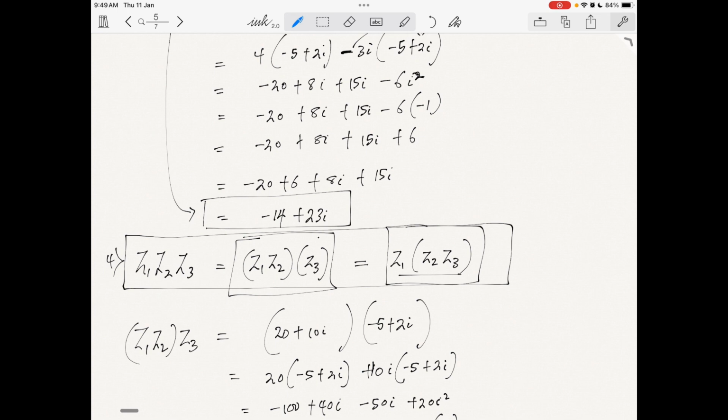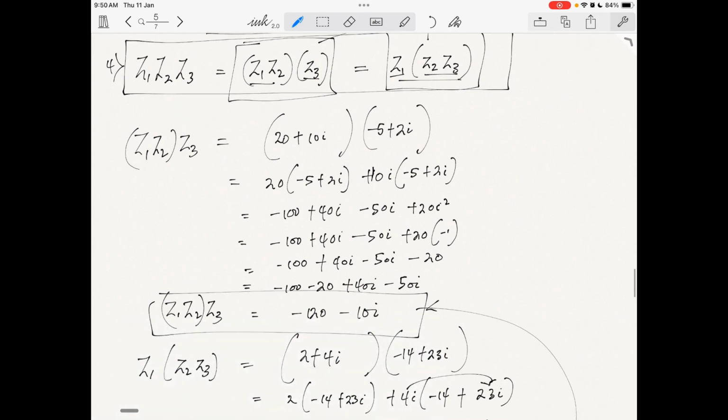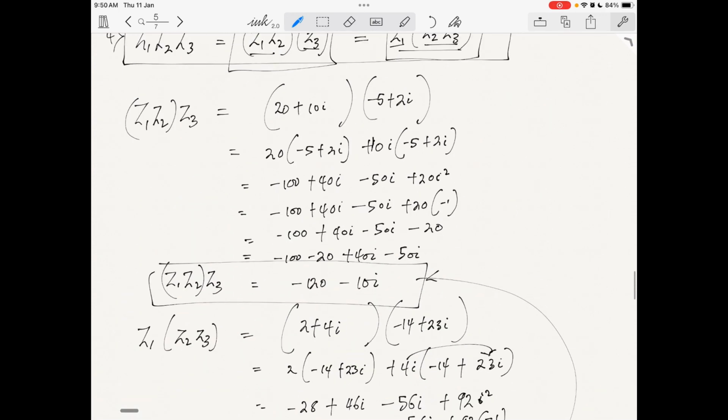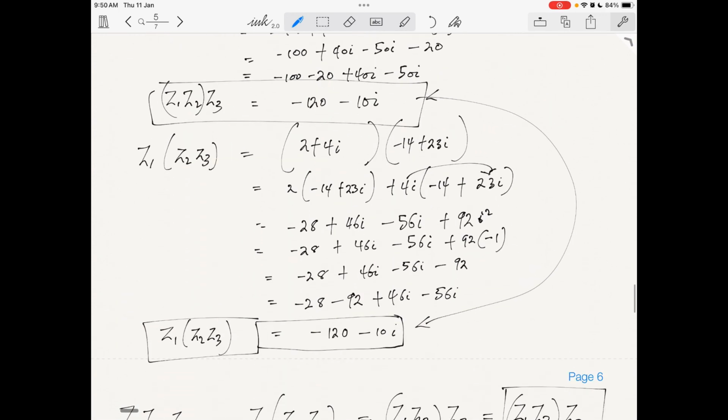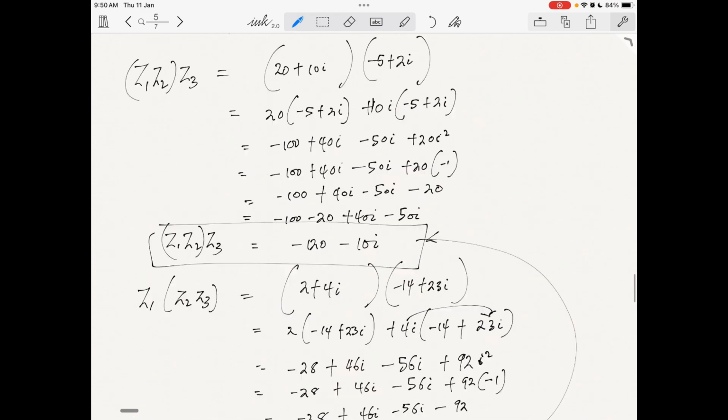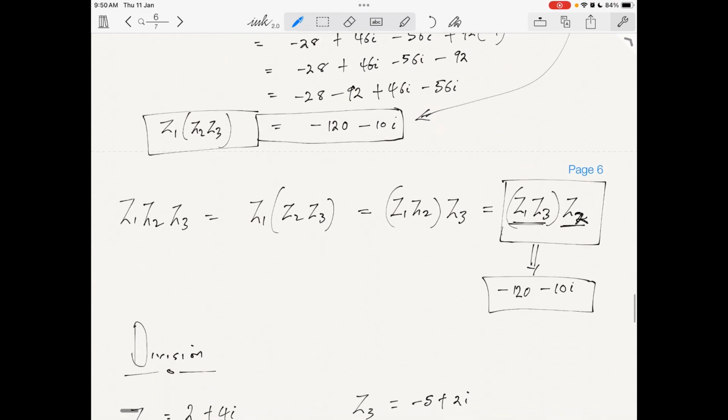Which we solved in two different ways. We solved z1 z2 multiplied by z3, and z1 multiplied by z2 z3. Since we did each and every one of them and found out that the answers were the same, multiplication is associative.